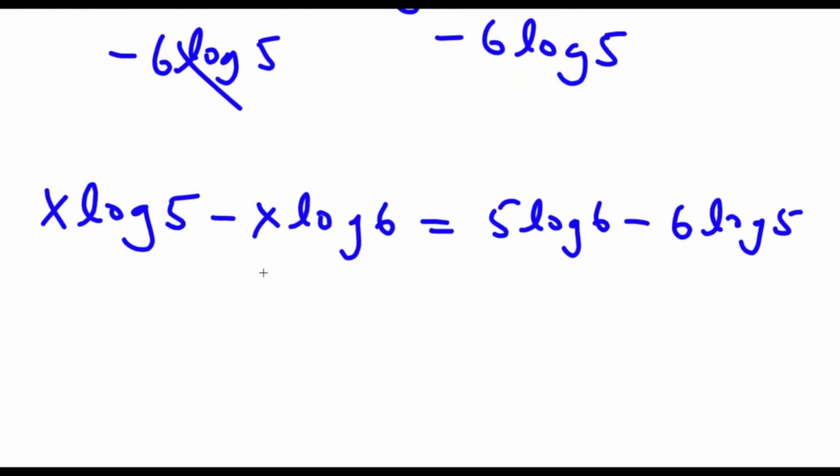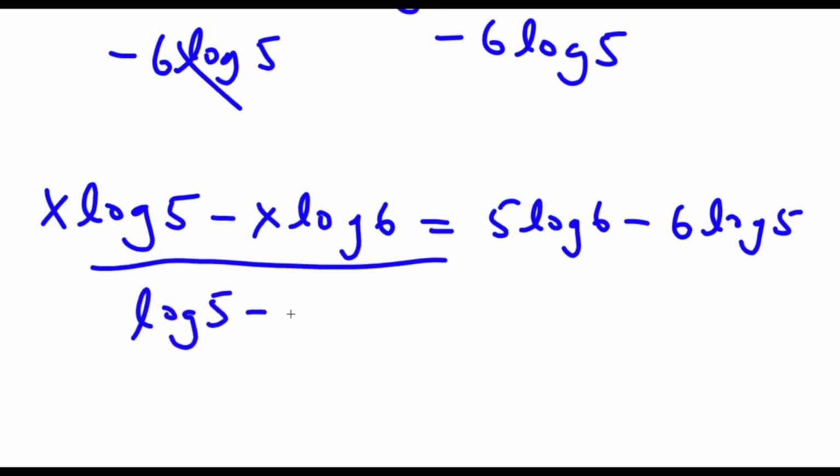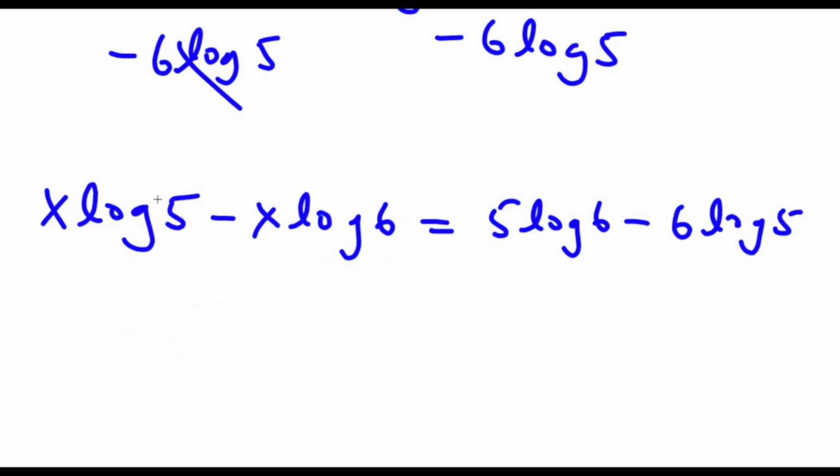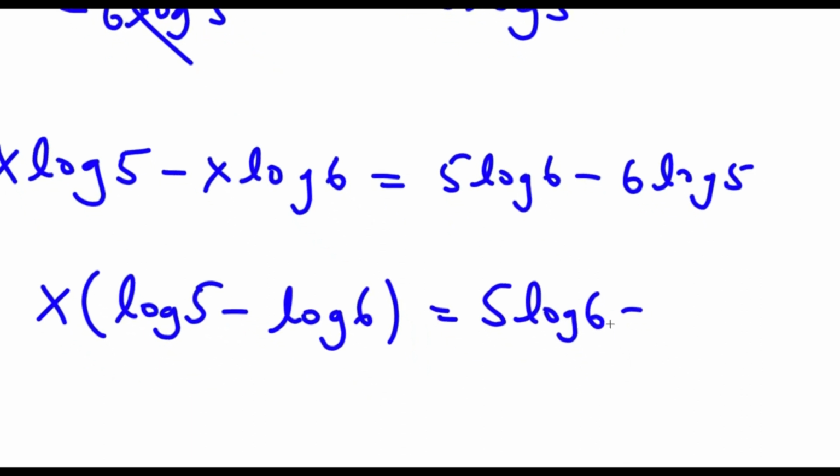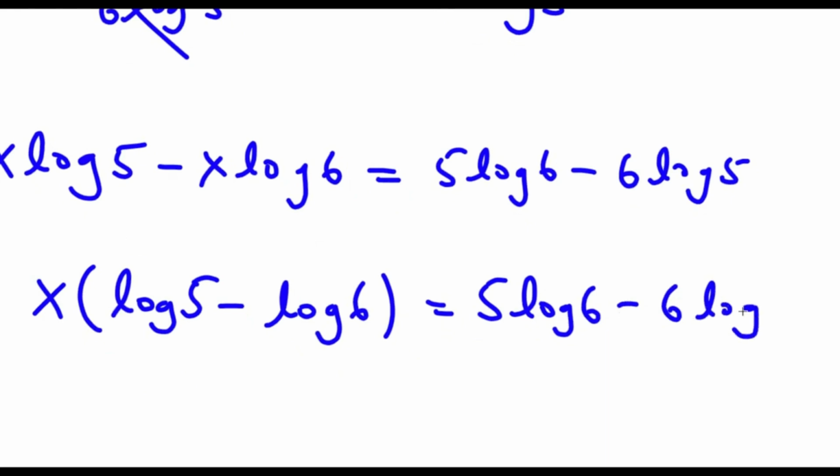Now, we want to isolate x. Before doing that, from these two I'm going to factor out x. So now I have x times log 5 minus log 6 is equal to 5 times log 6 minus 6 times log 5.